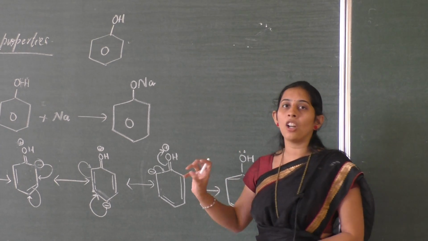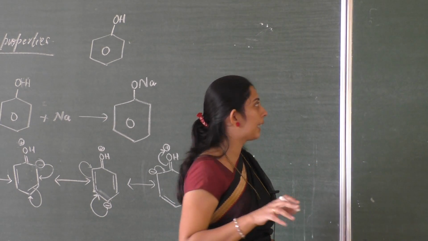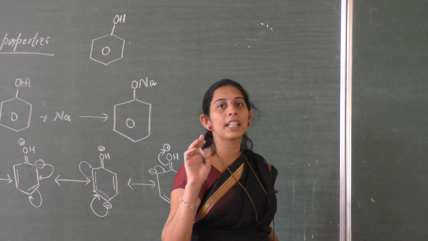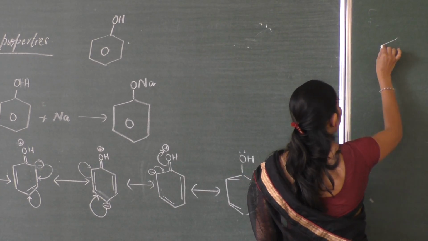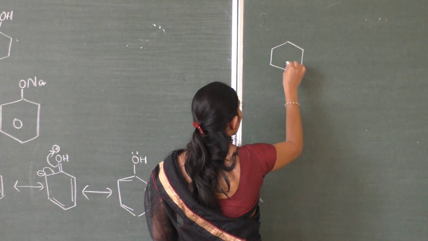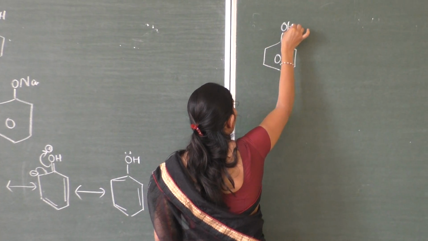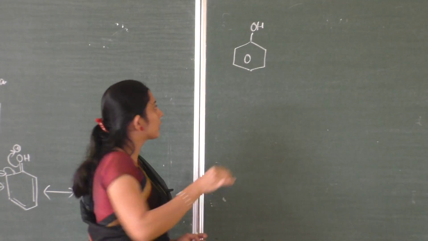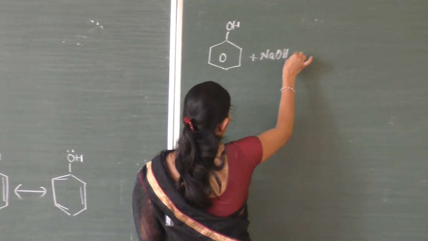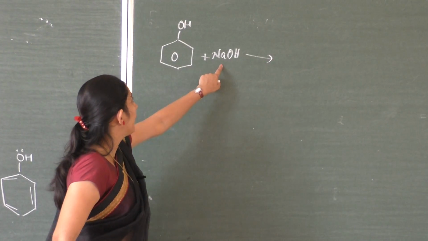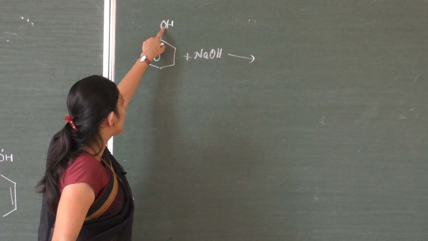If a phenol reacts with a base, let us imagine that a phenol is reacting with sodium hydroxide. What happens? This is a base, here the hydroxyl group is there.